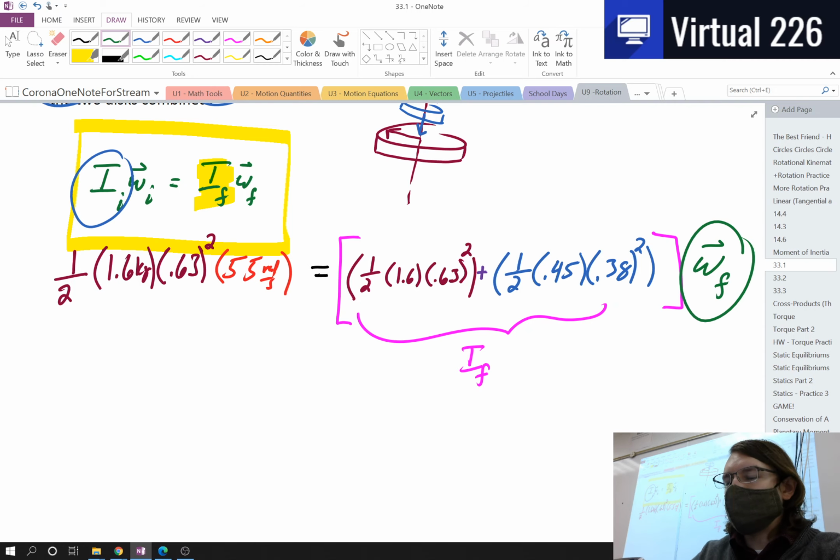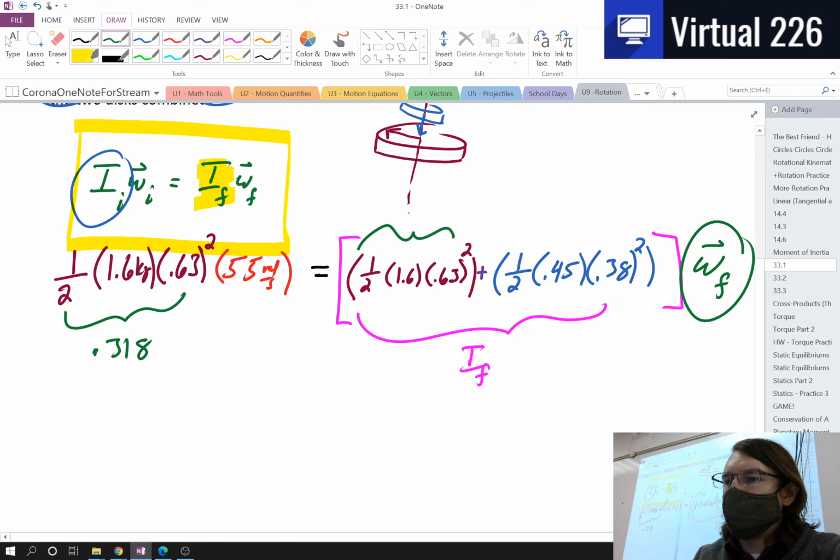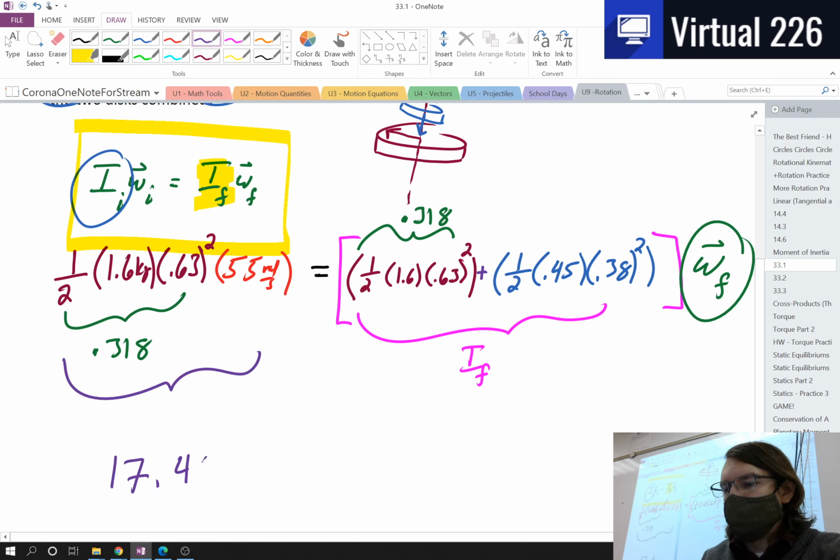When I do that, I get for just this 0.318. This is helpful because this same quantity comes back over here, so I don't have to do that again. Now I'll multiply that by the 55 radians per second, and this gives me, for everything out here, 17.46.